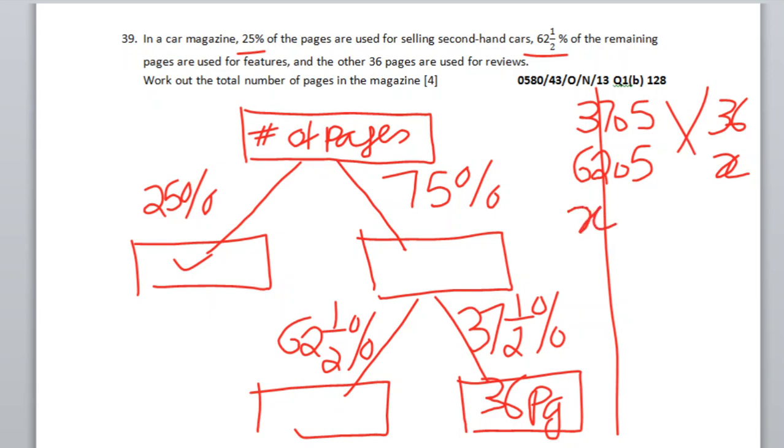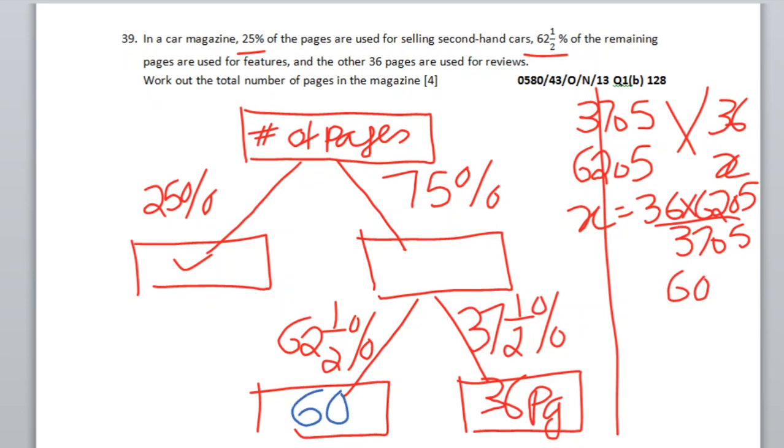X equals 36 times 62.5 divided by 37.5, which gives us 60. So we have 60 pages here, and the total pages here will be 60 plus 36, which gives us 96.